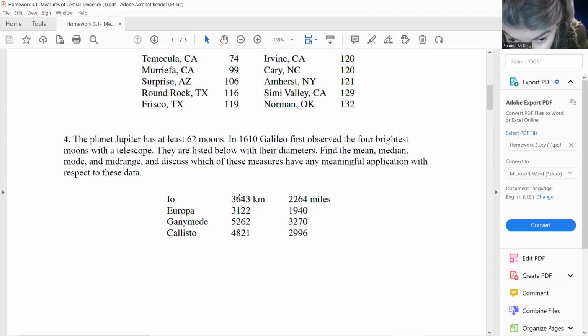If you want to do the problem twice, you can convert from kilometers to miles, but that's why they're given twice. One of these is kilometers, one of these is miles. So you do the same thing. There's only 4 data values, okay? And then it says discuss which of these measures have any meaningful application with respect to these data.